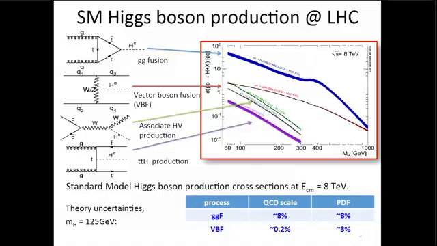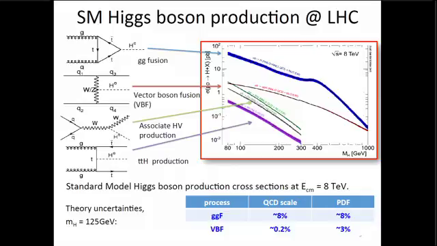This is characterized by having two jets with a rapidity gap in addition to the Higgs in the detector. Then you have associated production of Higgs and W that has lower cross-section, shown here. Or it can be W or Z, of course. And finally, the ttH production that has low cross-section.